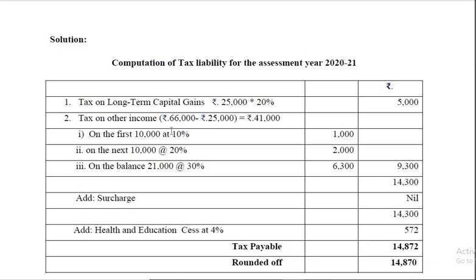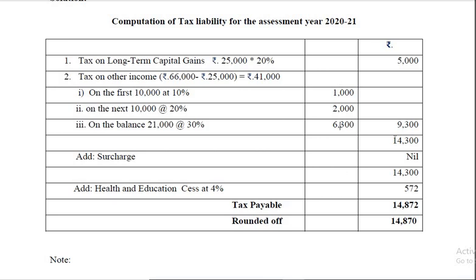Here the balance is: from 41,000 you have to deduct 20,000, so the remaining amount is 21,000. On 21,000 at the rate of 30%, that comes to 6,300. If you add up these things, that will come to 9,300.